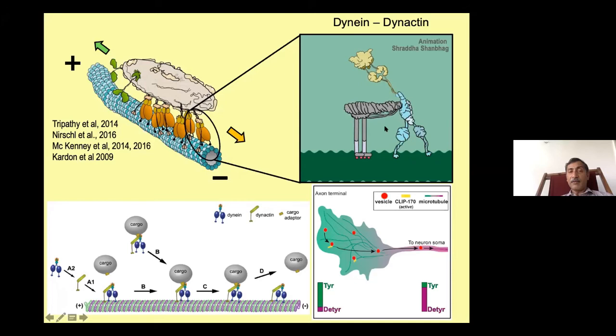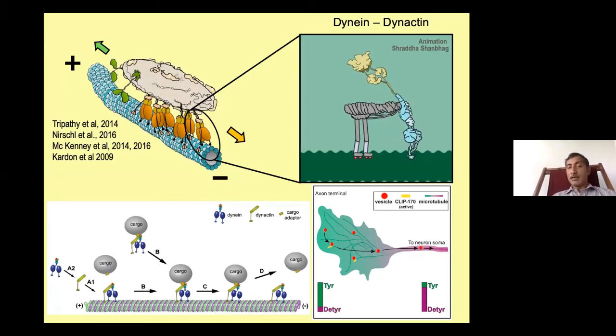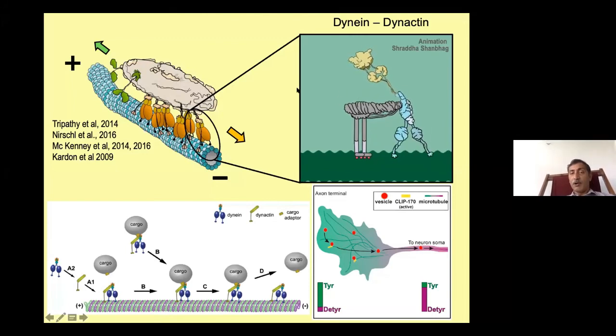One is a very in vitro approach, where you basically purify dynein either from bacteria or from some other source, and you purify dynactin, or fragments of dynactin or fragments of dynein, and you put them together along with other purified components on a bead or an artificial cargo, and then you try to see how this thing moves if I remove this part or if I remove this interaction, etc.